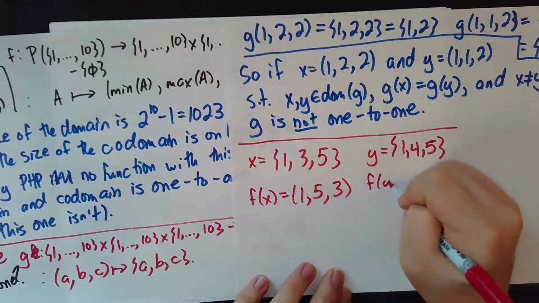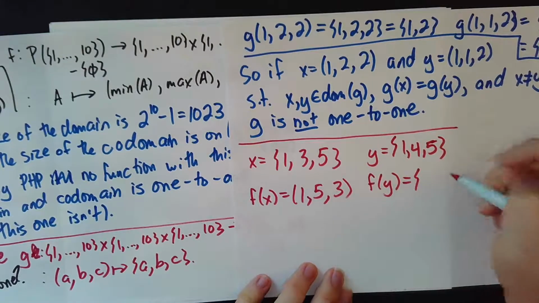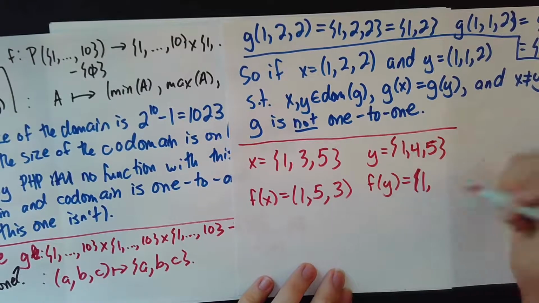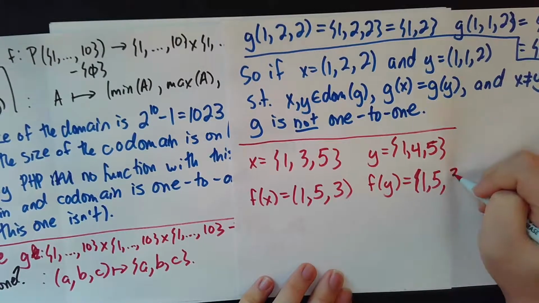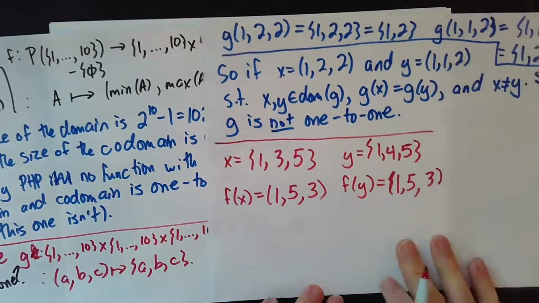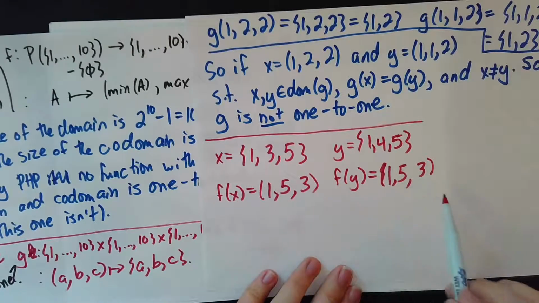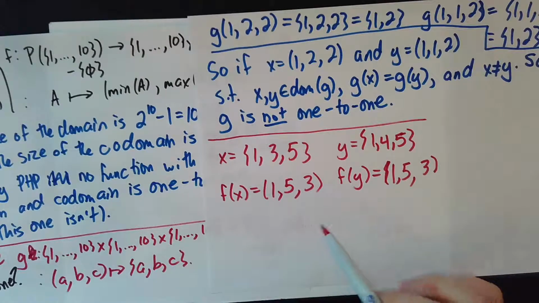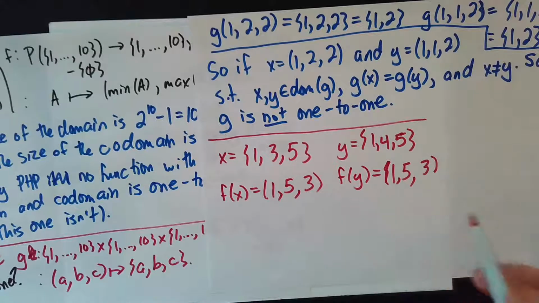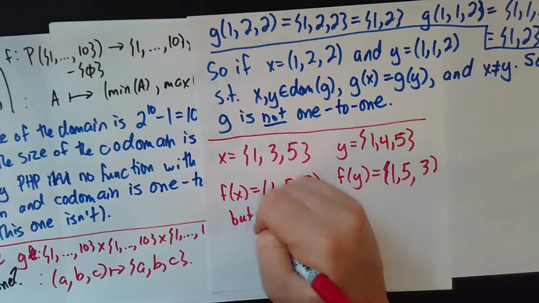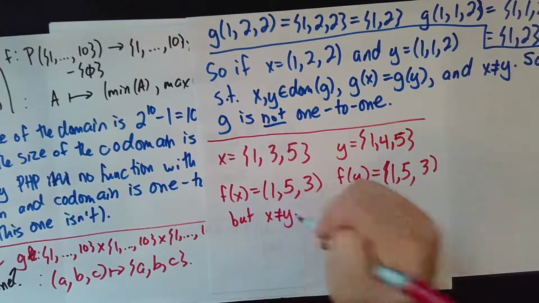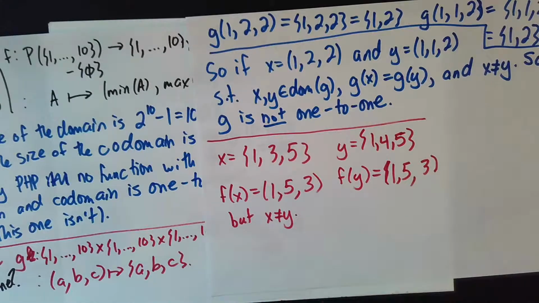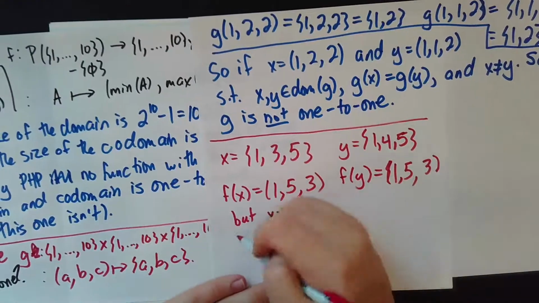And likewise, f of Y is the minimum element, the maximum element, and the size. So in fact, both of these are the ordered triple (1, 5, 3), even though X is not equal to Y. So if you like, you can view this as an alternative proof that this function's not one-to-one.